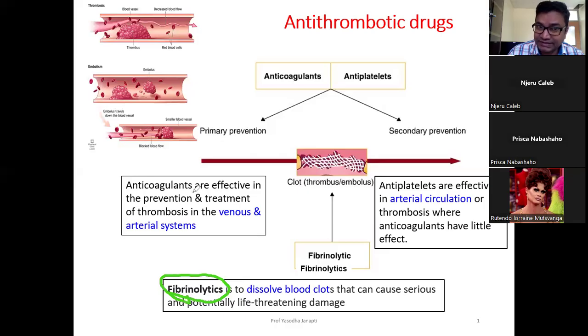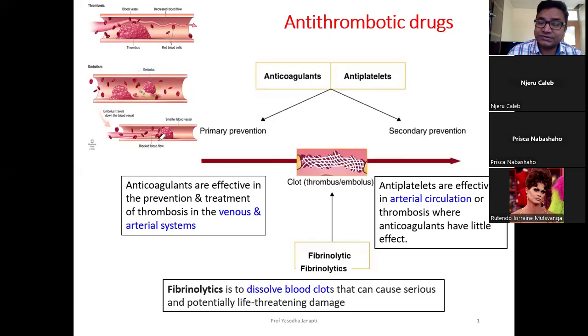So thrombolytics, you see in this picture, this is the thrombus or clot. What happens if it dislocates, then it is called an embolism. If the blood vessel is big, there is no issue.